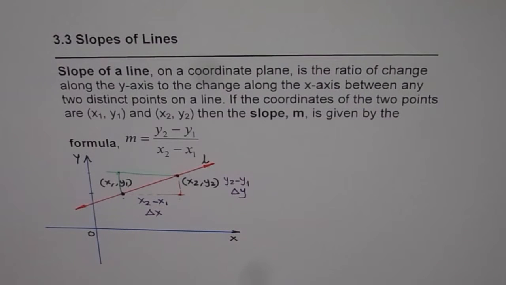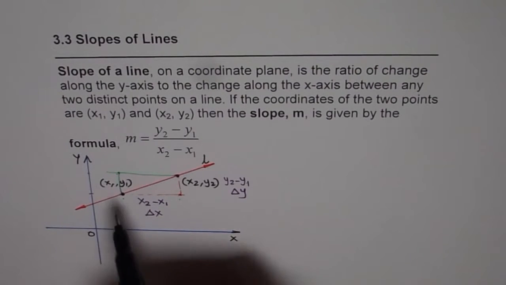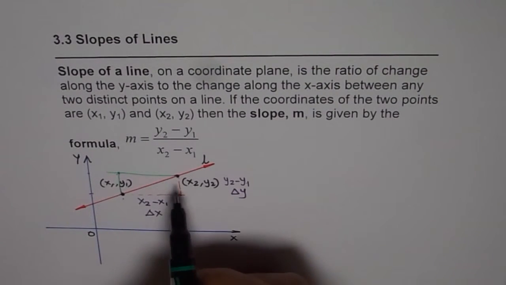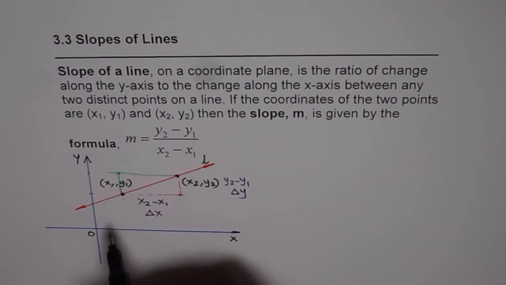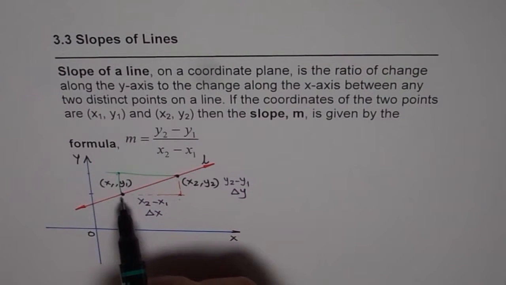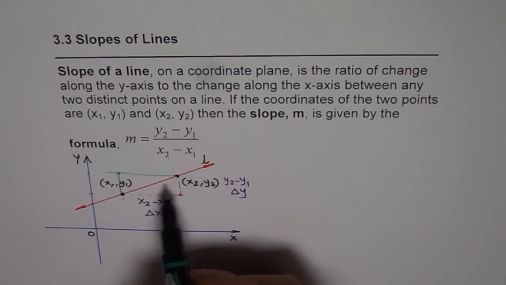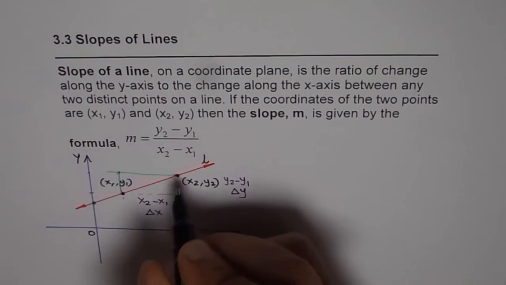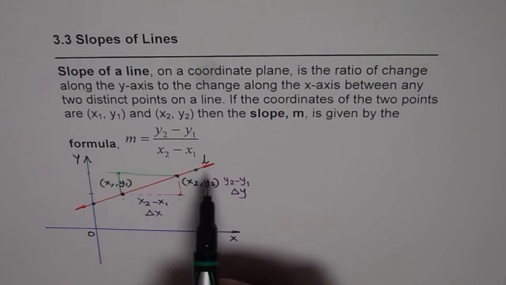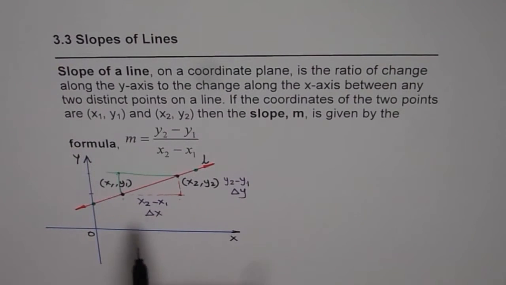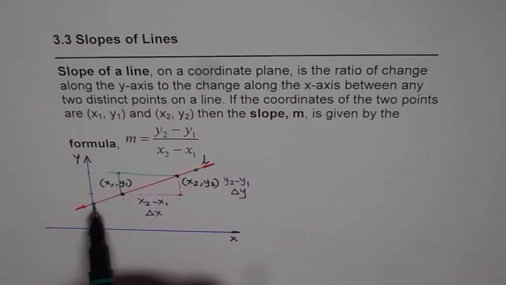So what you understand here is that slope can be found very easily if you are given any 2 points on a line. Also remember, if you are finding slope of a line, then you can select any 2 points. Even if I select this and something else, I will always get the same slope, since the ratio of change in y over change in x remains same for a line, right?